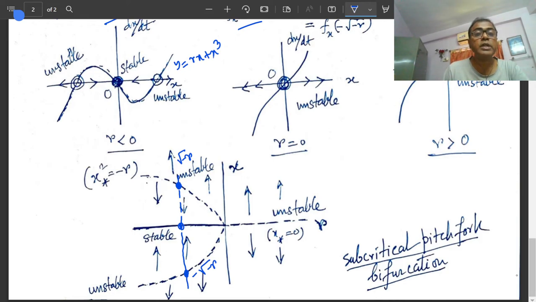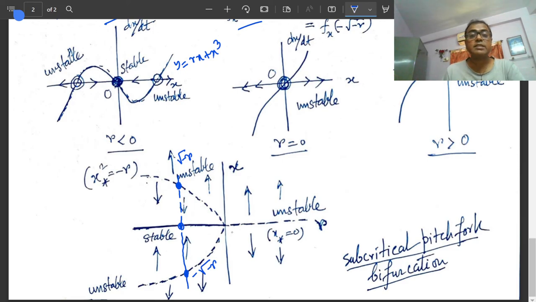So put arrows away from this branch, and for this unstable branch, put a dotted line. Actually this graph is x² = −r, and this is the unstable branch, and this is stable, so put a solid line for the stable branch where x equals 0. After the origin, when r is positive, the only equilibrium point is x = 0, which is also unstable.